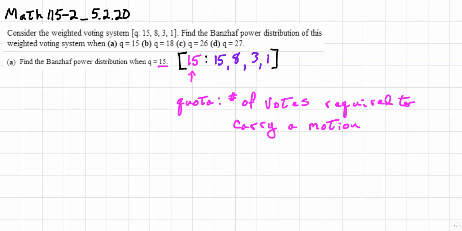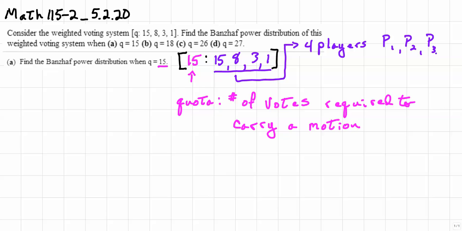These particular values right here are the weights for each player. There are 4 players, and we will identify them as P sub 1, P sub 2, P sub 3, and P sub 4. And these will be the weights within the coalition.